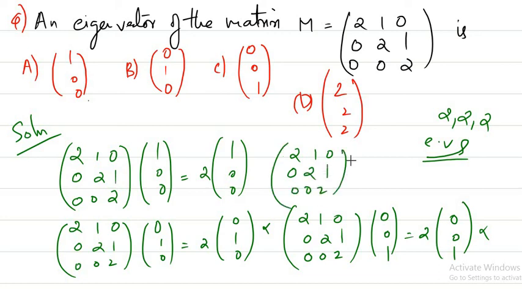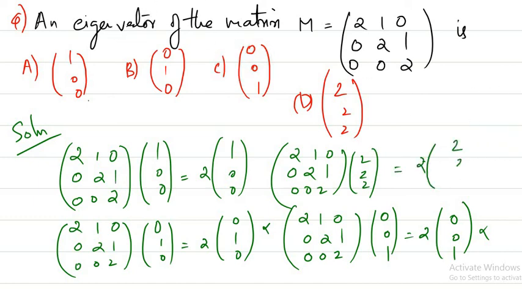You multiply with 2, 2, 2 and check whether you get 2 times 2, 2, 2. The first entry is 2 times 2, which is 4, plus 2 gives 6, but here we get 4, so it's also not correct. That means we have only one correct option here, and the rest are not correct.